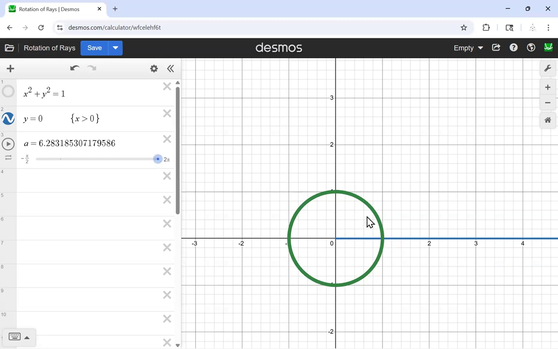So that would be a full circular rotation where my terminal ray gets moved all the way around until it touches the initial ray here. That's what we mean by full circular rotation. In degrees, that's a 360-degree rotation. In radians, that is a 2 pi rotation.